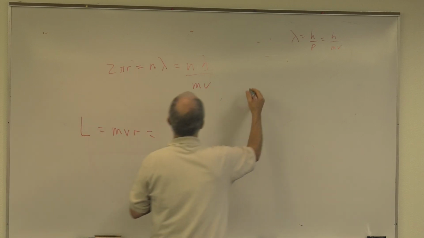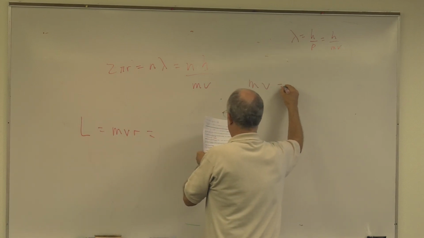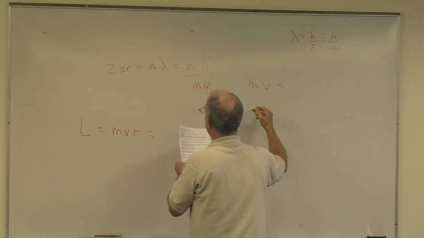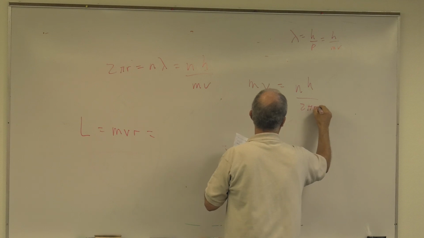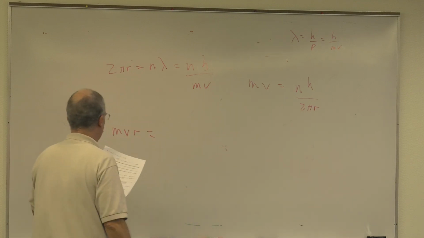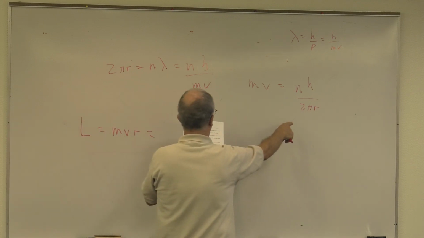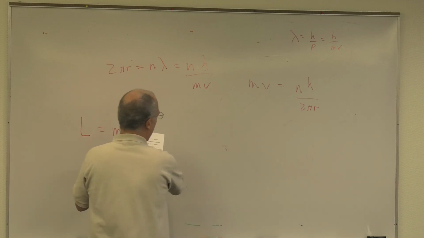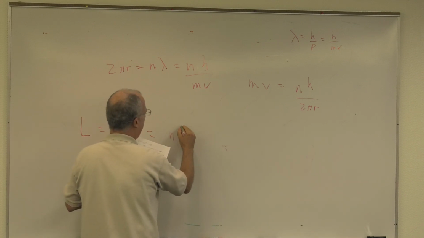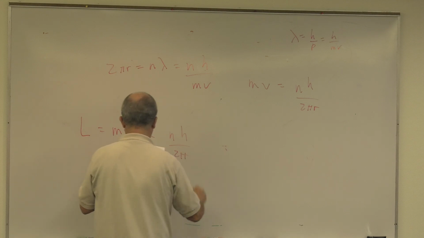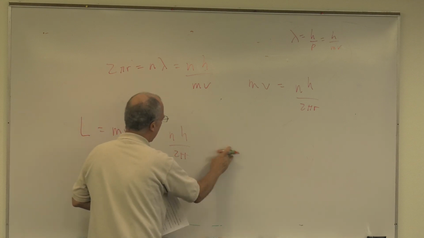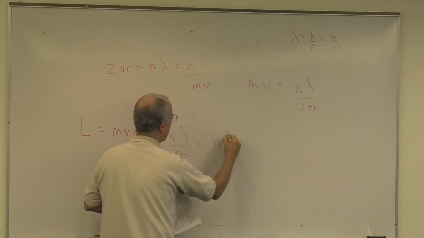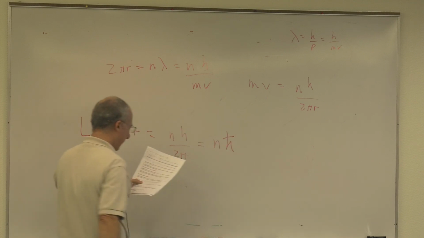So mv is equal to n h over 2 pi r. That's what I wanted, right? So mv is n h over 2 pi r, but we have mvr, so it's just going to be n h over 2 pi, right? And again, we have that h over 2 pi, like I told you, so that's just n times h bar.